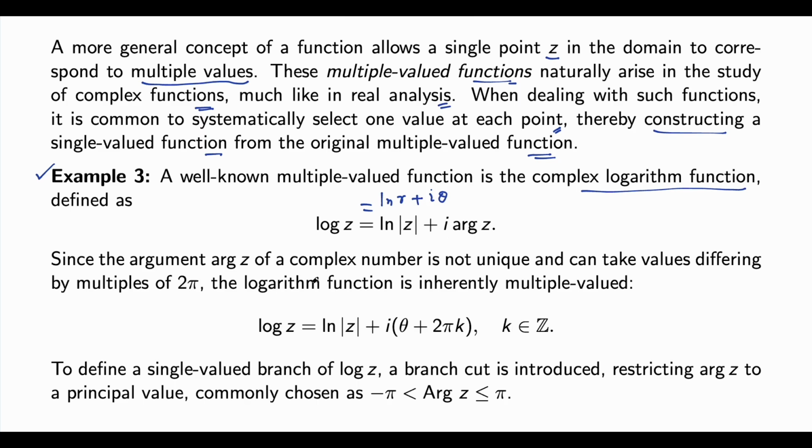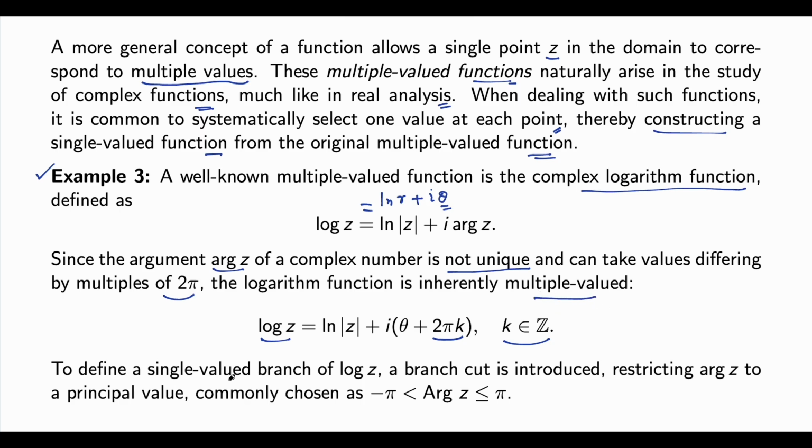And in the more general case, you can write log of z equal to ln of r plus i (theta plus 2k pi), where k belongs to the integers. See here, because the argument is not unique, it can take values differing by multiples of 2 pi. Therefore, this provides a multiple valued function.